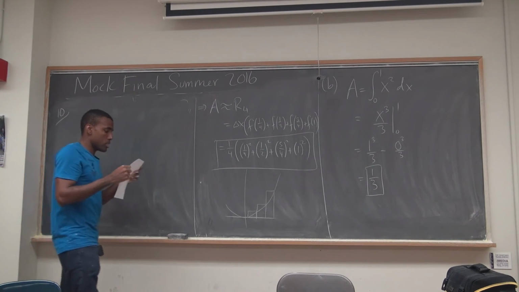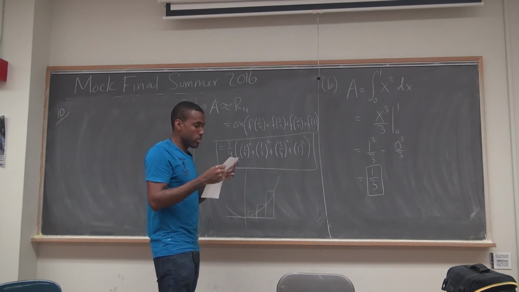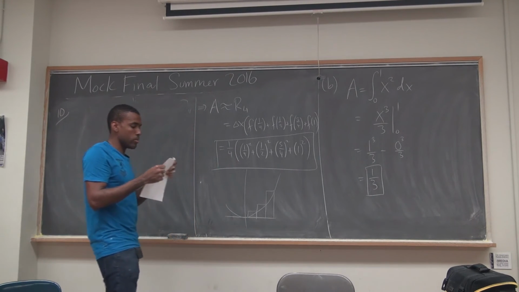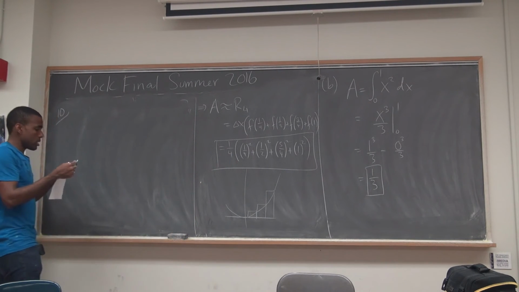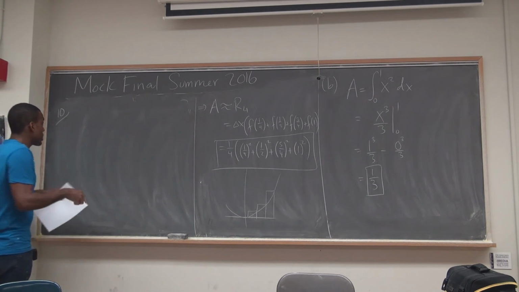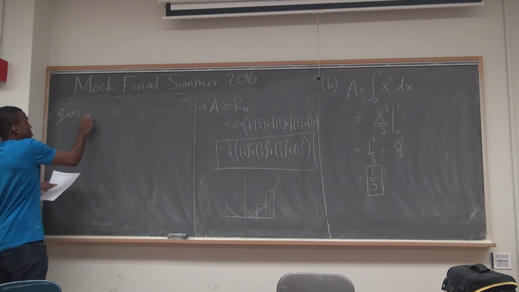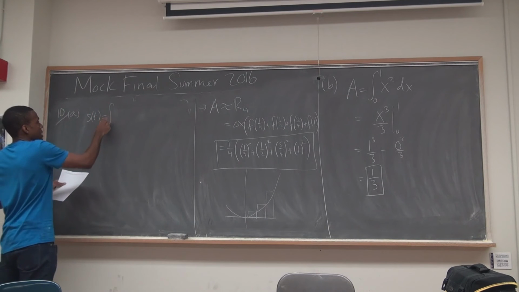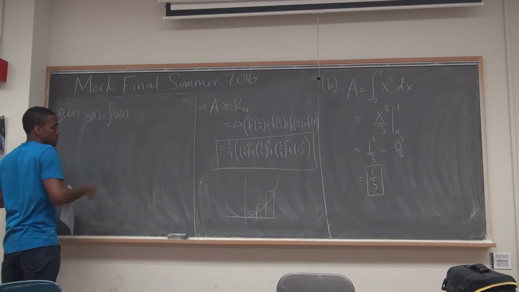Okay, an object is launched from a height of 256 feet with the velocity function v(t) after t seconds. Find the position function. So the trick here is to remember that your position is just the antiderivative of velocity.